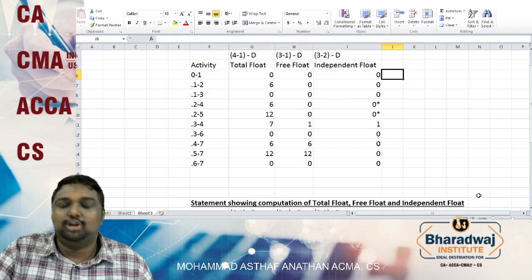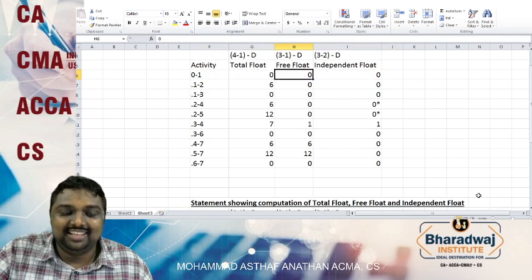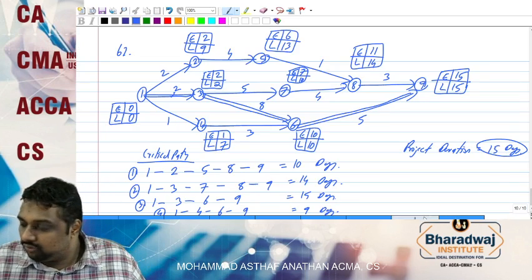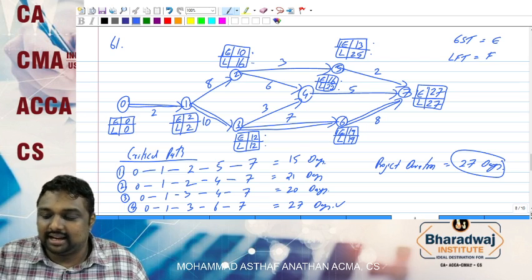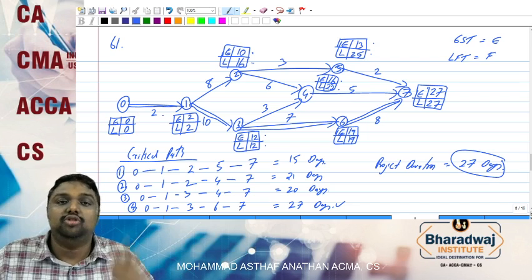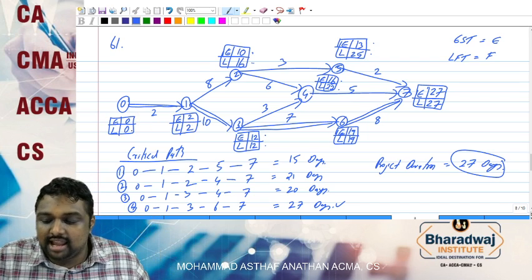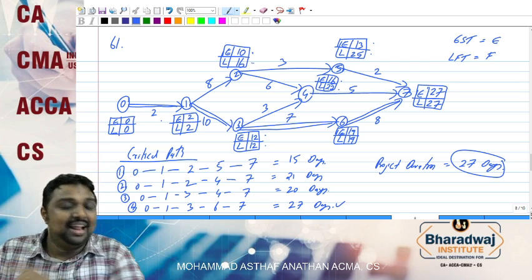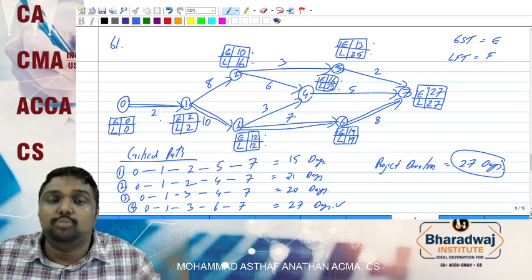Sir, why did you put 0 here already? The 0 here already is nothing but mathematics. If you come back here, this is the critical path. 2 minus 0 you will get 2, minus 2 you will get 0 only. Both sides you have the same number. However you reduce, you will get 0 only. Because the E value and L value are both the same.